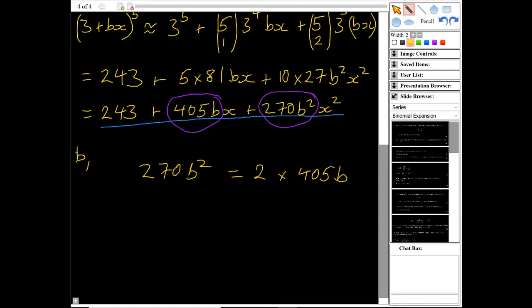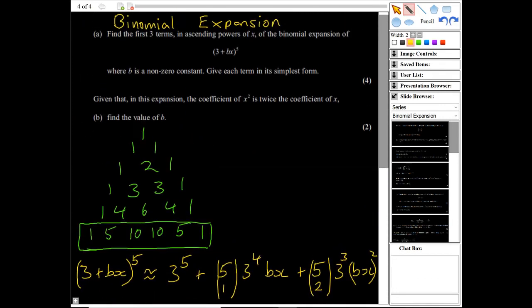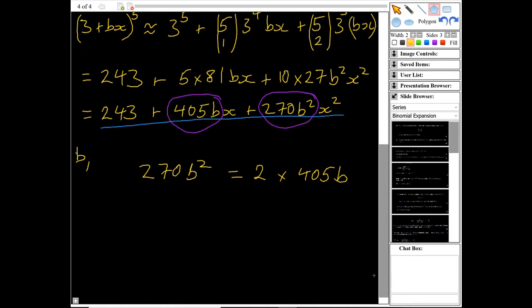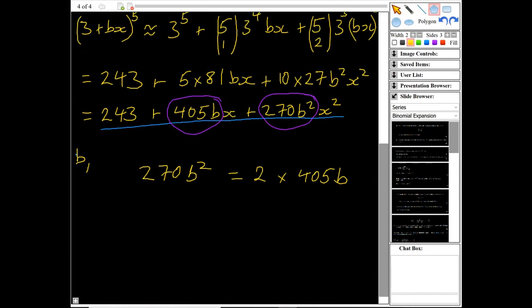Now, what I can do is cancel out a b from each side, because ordinarily I'd need to include the fact that b equals 0 as a possible solution. But it did say in the question back up here, b is a non-zero constant. So I'm okay with cancelling out b from either side, so I can write 270b is equal to 810.